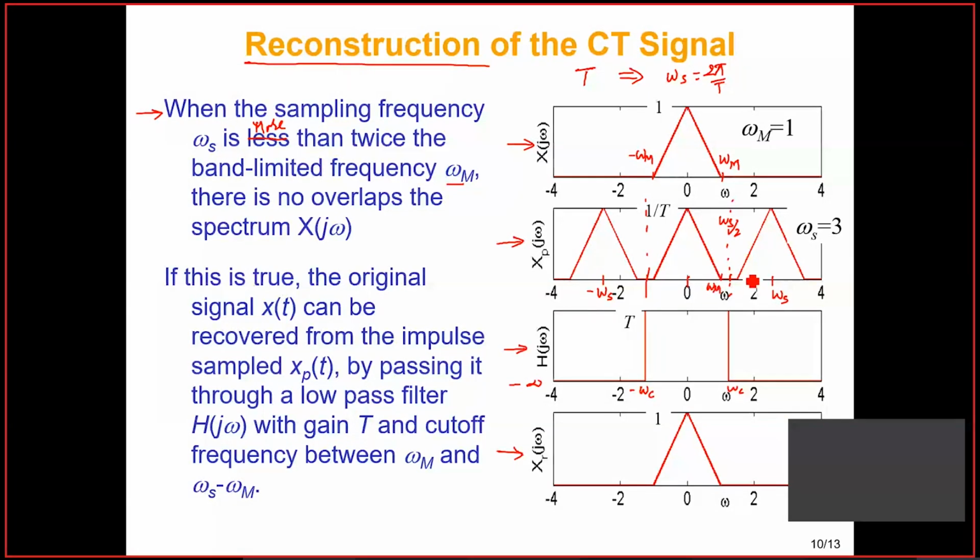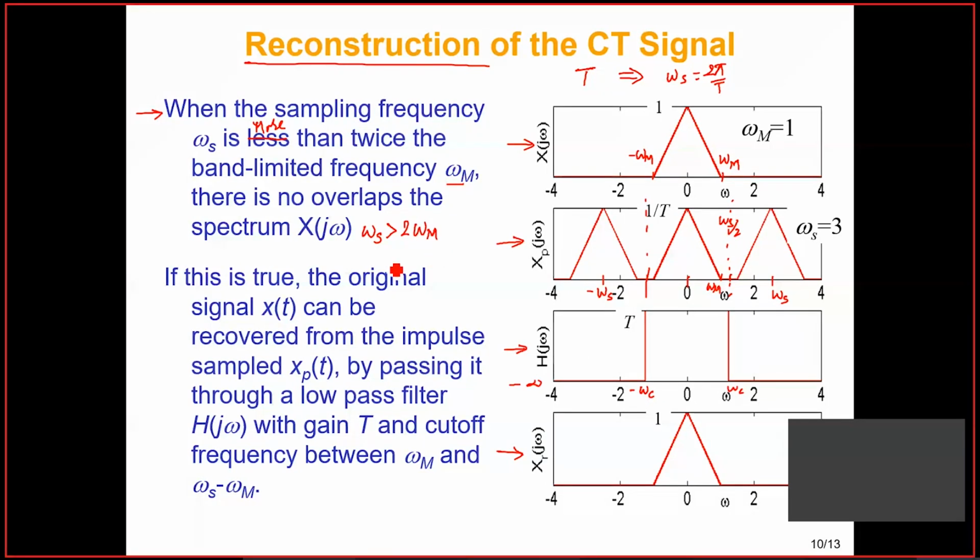What this means is that the sampling frequency should be greater than twice omega m. And from this point we can see that omega s by 2 has to be greater than omega m. Both of them mean one and the same thing.